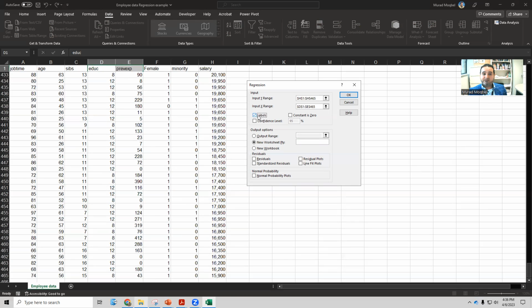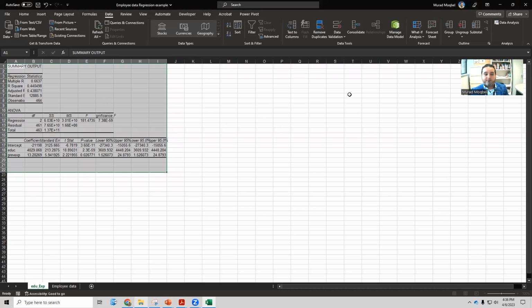And then I will select Labels. I need to make sure that it is checked. And it's a new worksheet. You can call it here edu_experience, right? You can call it that way. And then I will say okay.